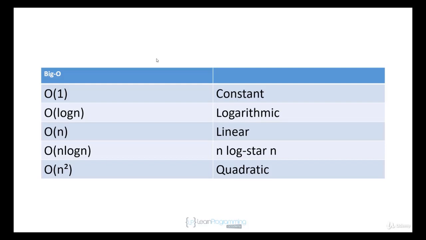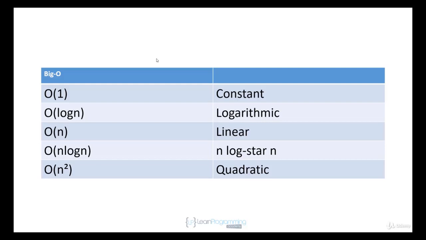And then we have O of n log n, which is n times log to the base 2 of n, and that's n log n time complexity. And we have O of n squared, which is quadratic time complexity. You'll see that when we look at sort algorithms, the first few we look at will actually be quadratic. And the order in the table is from best to worst. So if you can use a constant time algorithm, that's way better than a quadratic time algorithm.